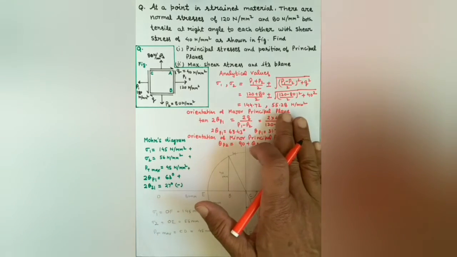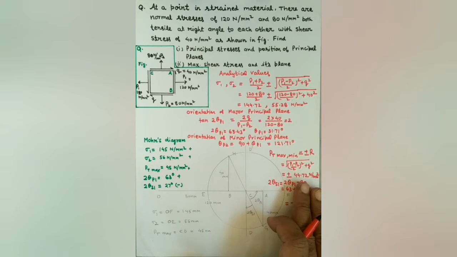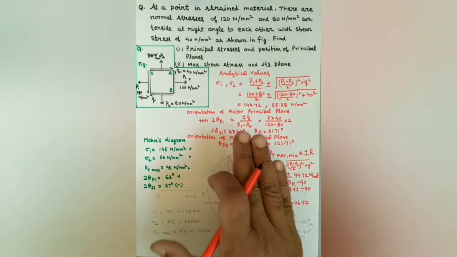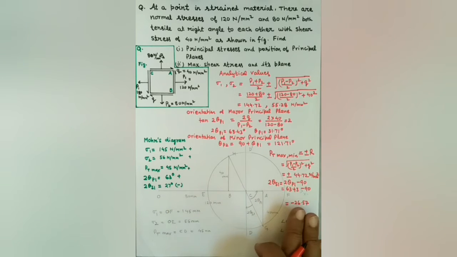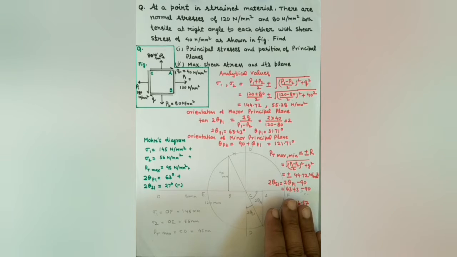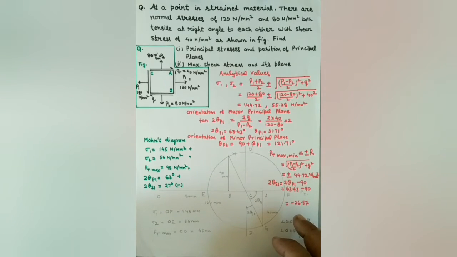So we see from Mohr's diagram and values calculated analytically are matching. For sigma 1 from Mohr's diagram we have 145, and from calculation it is 144.72. Sigma 2 or sigma min is 56 from Mohr's diagram and 55.28 from the calculations. PT max is 45 from Mohr's diagram, and our value from analytical methods is 44.72.